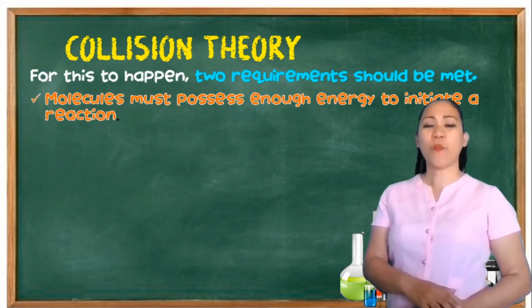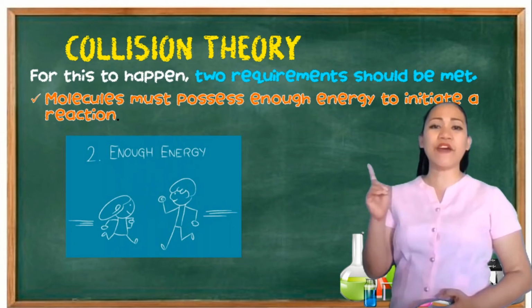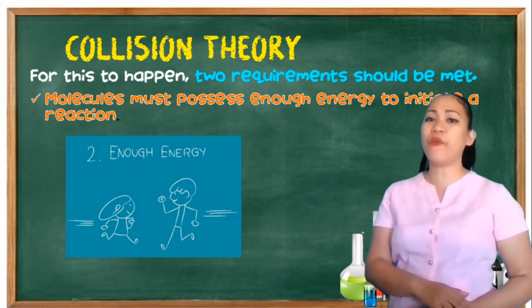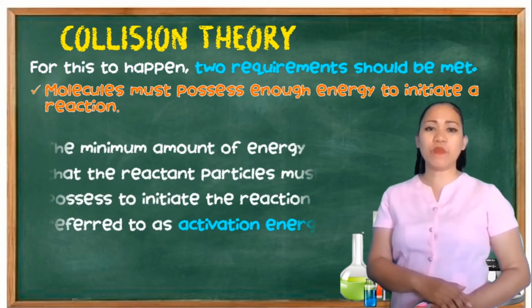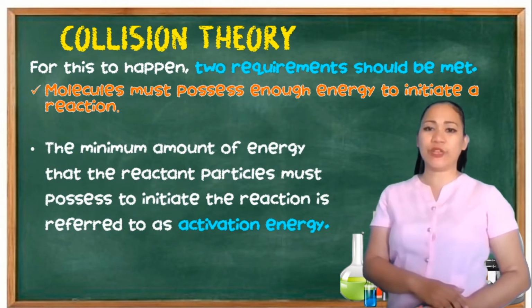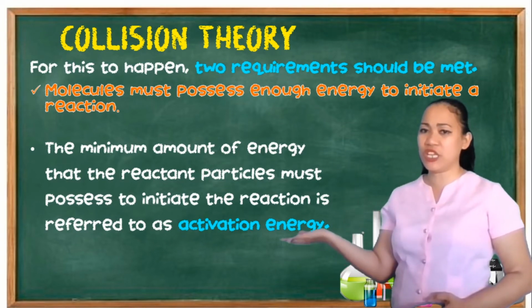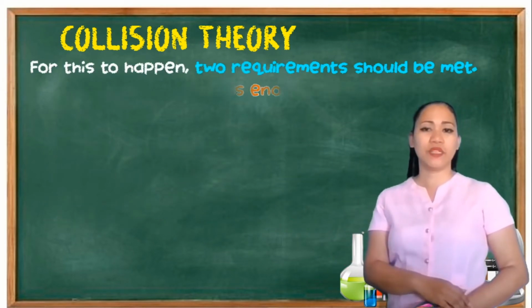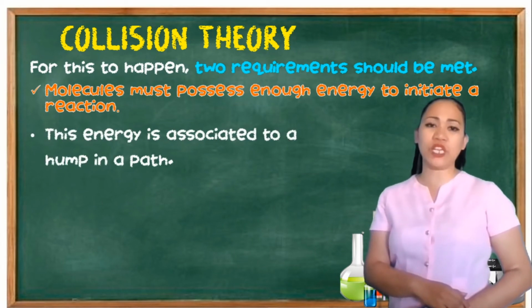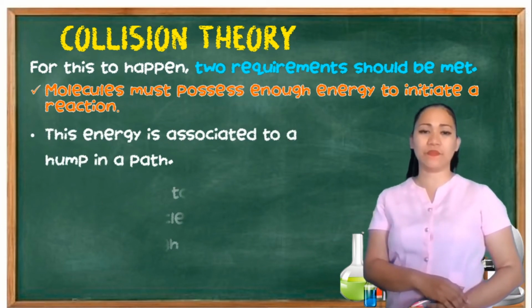Second one, molecules must possess enough energy to initiate a reaction. The minimum amount of energy that the reactant particles must possess to initiate the reaction is referred to as activation energy. This energy is associated to a hump in a path.